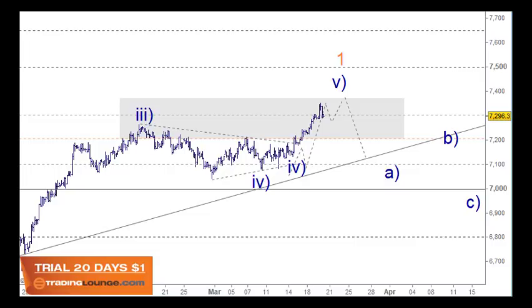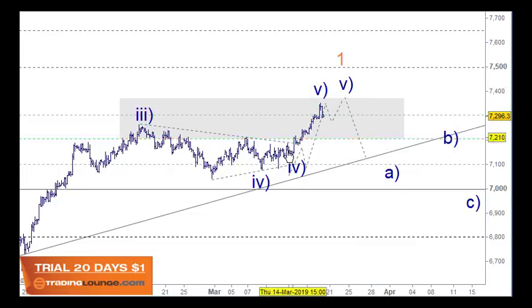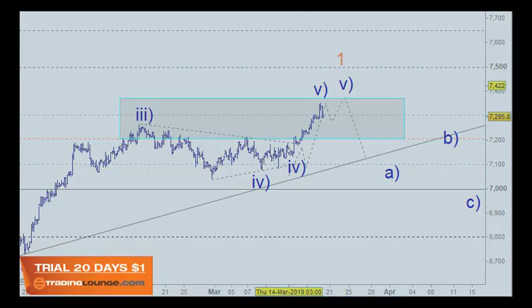Otherwise, if we don't do that, and it is a bit messy in here, then we'll have one more high playing out through here as well. So I'll just save that and go to the hourly chart.